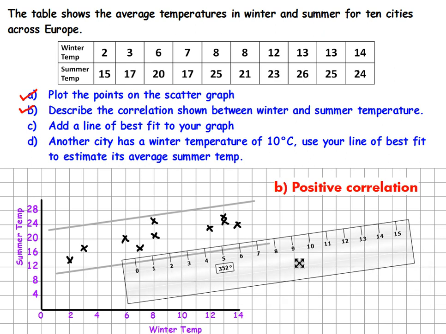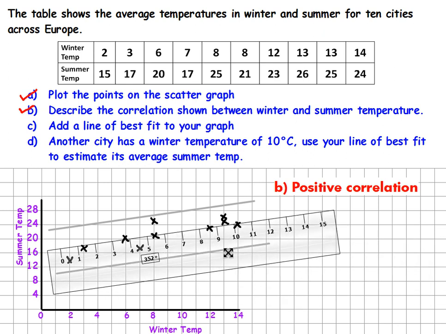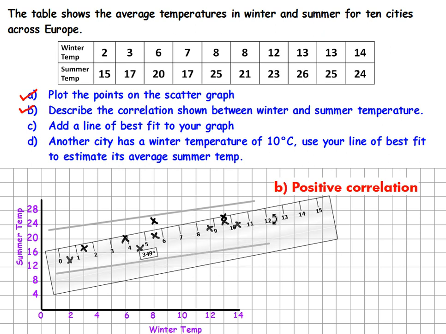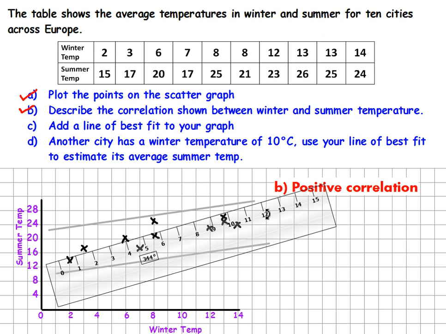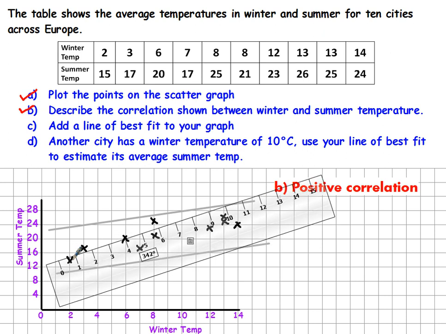Okay, so I'm going to take my ruler again, and I'm going to line it up as close to the middle as I can of those. Be really careful. If you have a tendency to draw something like that, you can see that that's going to go outside of my lines, and that is not going to get the marks.